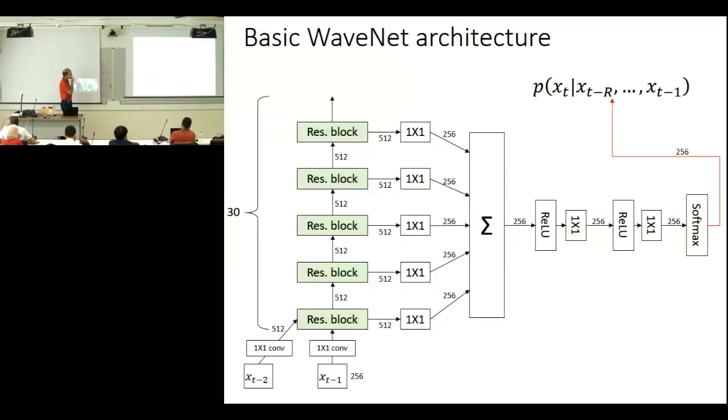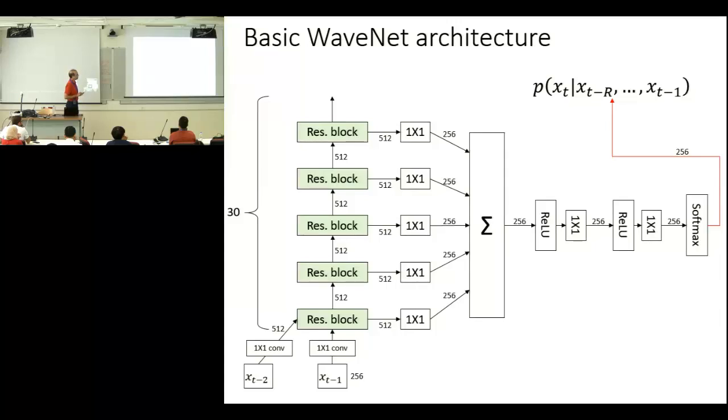In the original implementation, Google never published their parameters. However, from some presentations, I found that in their original architecture, the width of the residual connection is 512, the number of layers is 30, and here we have some skip connections.